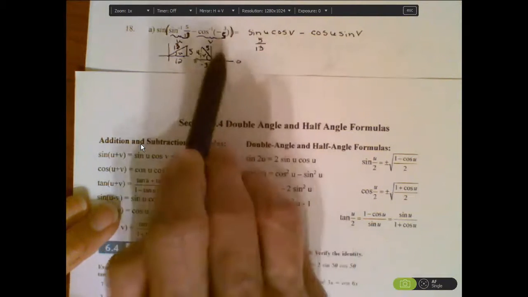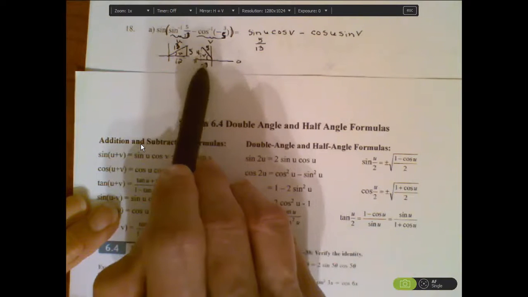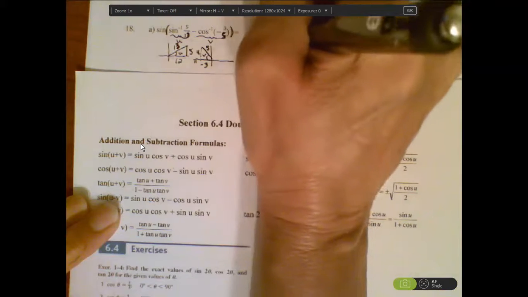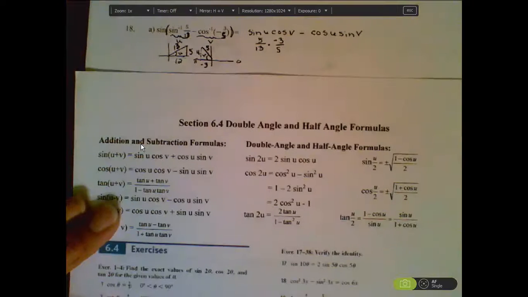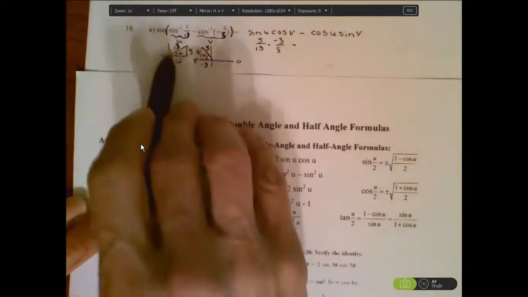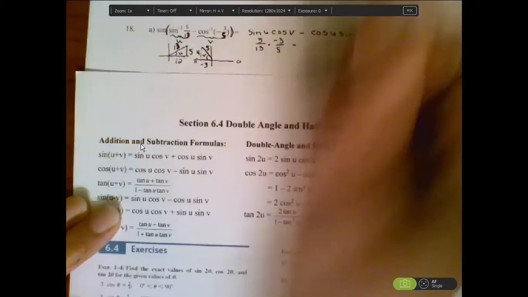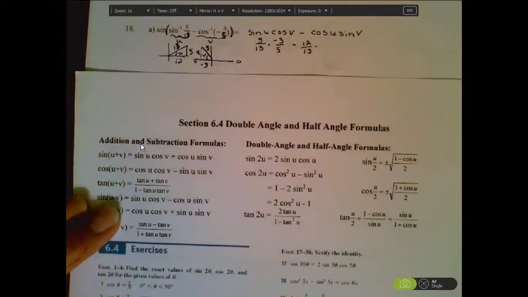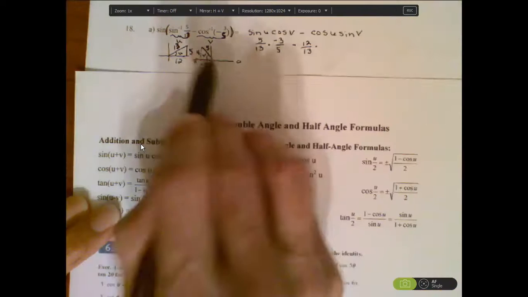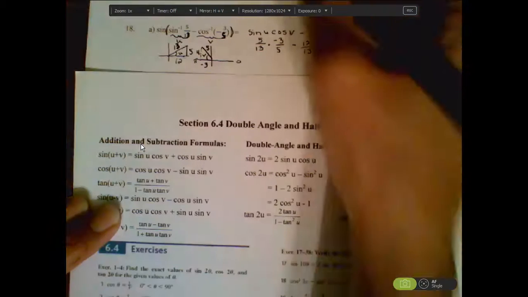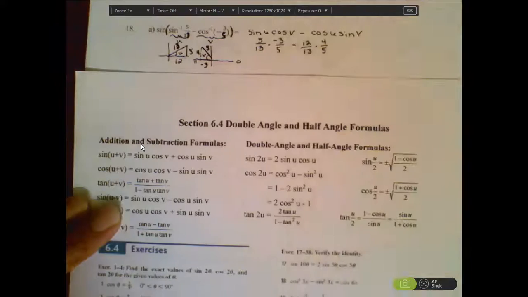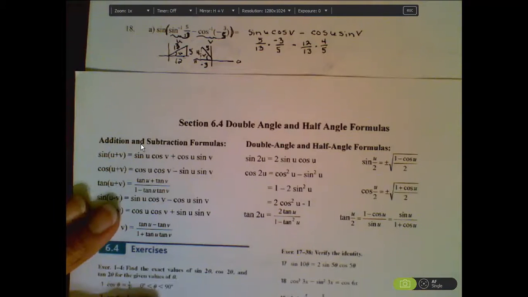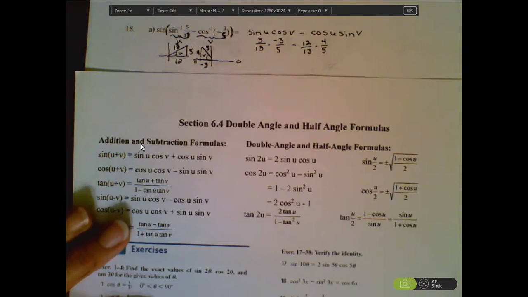Cosine of V, here's my angle V. Cosine is adjacent over hypotenuse, so cosine of V is -3/5. Minus cosine of U would be adjacent over hypotenuse, 12/13, times sine of V would be opposite over hypotenuse, 4/5. You should be able to clean that up pretty easily.